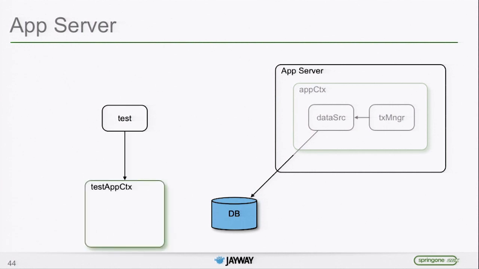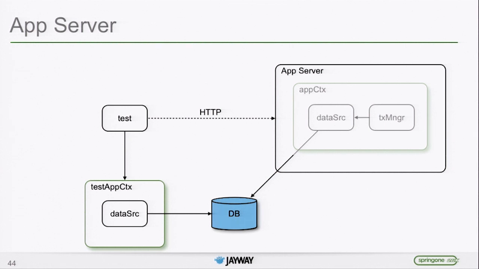So given that, we can use the same kind of data source and we can access the same database. And now, when we're issuing requests to a server, the server does what it's supposed to do. It goes down to the database, changes the state, and now we can use the test to verify against the same database. And returning to your question earlier, what is the drawback of using this kind of setup? Well, we can run into race conditions here.